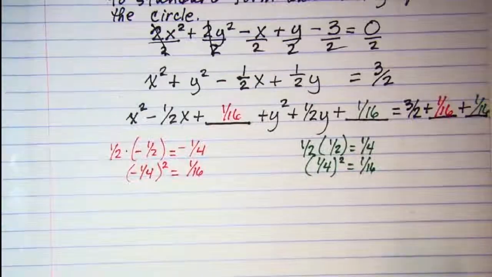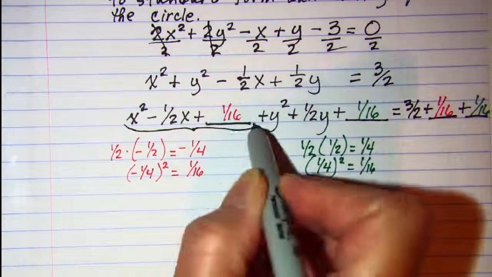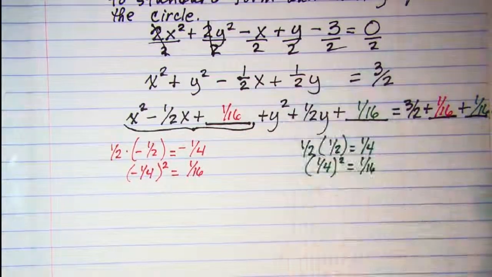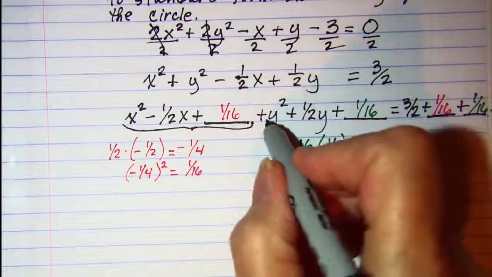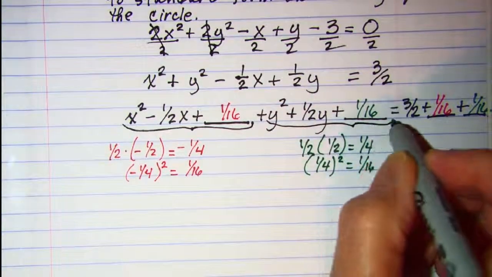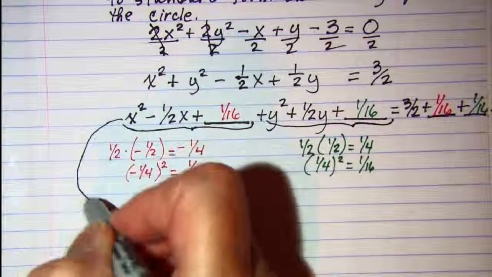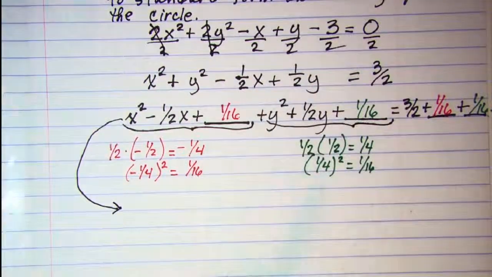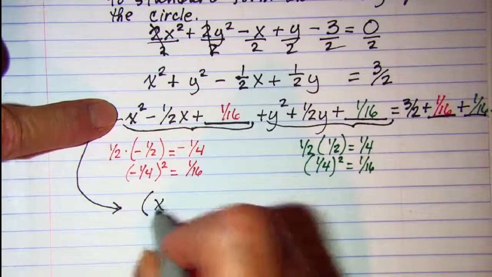All right, now I'm going to take these 3 terms and write them as the square of a binomial, and then I'm going to take these 3 terms and write them as the square of a binomial. So this first one becomes x.